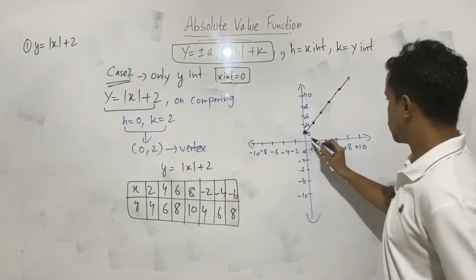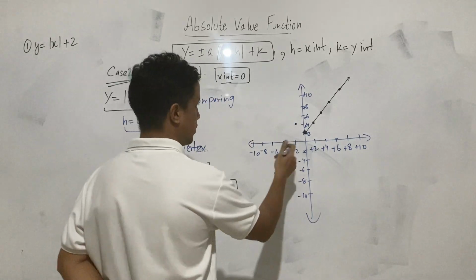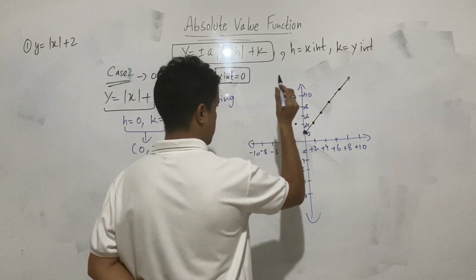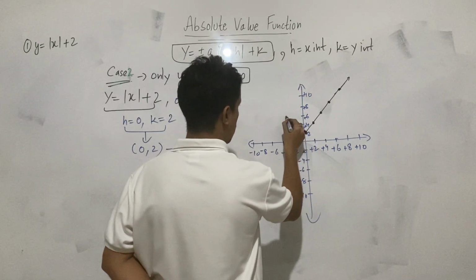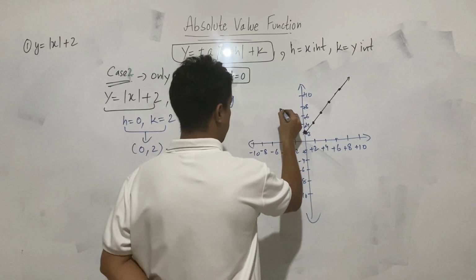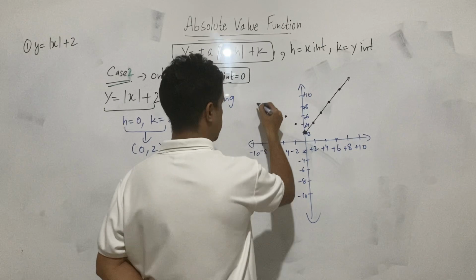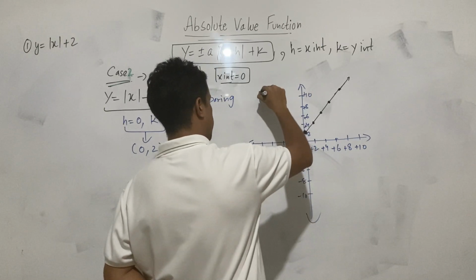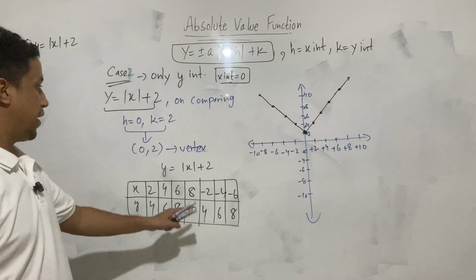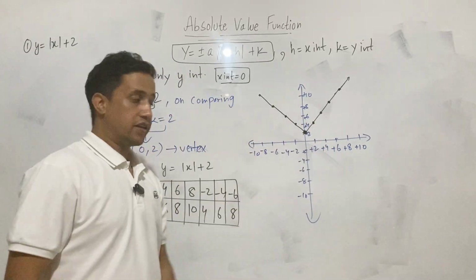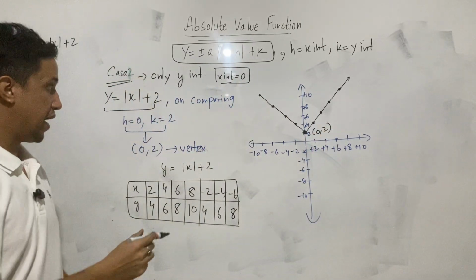See here, minus 2, 4; minus 4, 6; minus 6, 8; and minus 8, 10. So if you join these two, you can see the vertex is made at 0, 2.